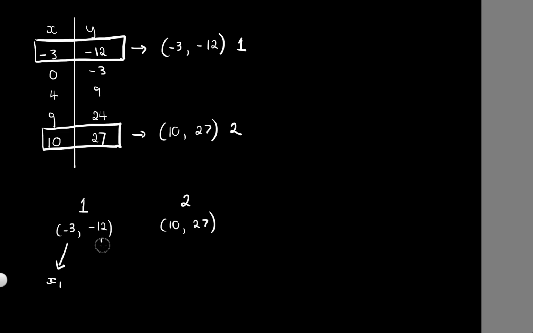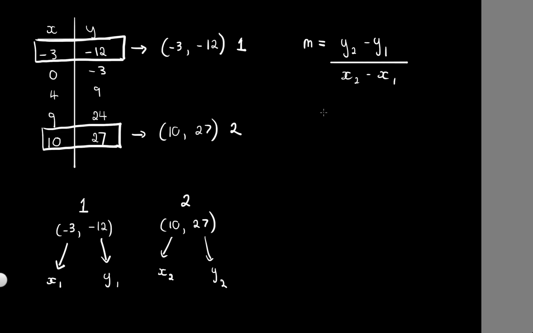This will be the y value for point number 1, we call that y1. Over here we've got x2 because it belongs to point number 2, and there's y2. So let's write down our formula. We know that m, the gradient, equals y2 minus y1 over x2 minus x1.